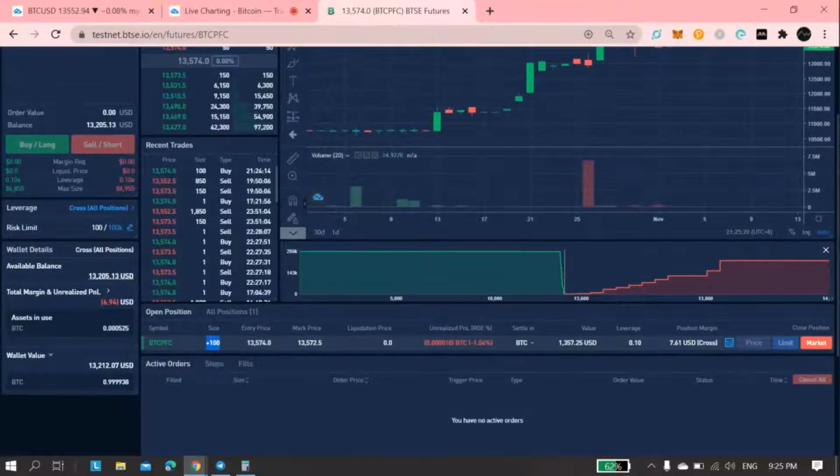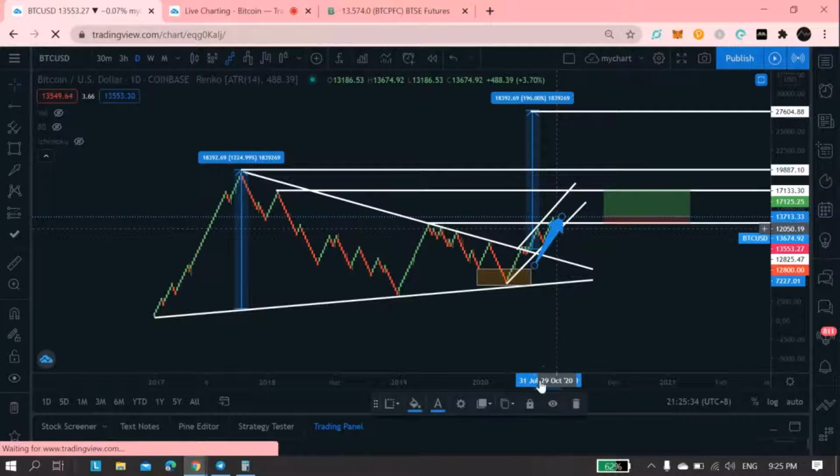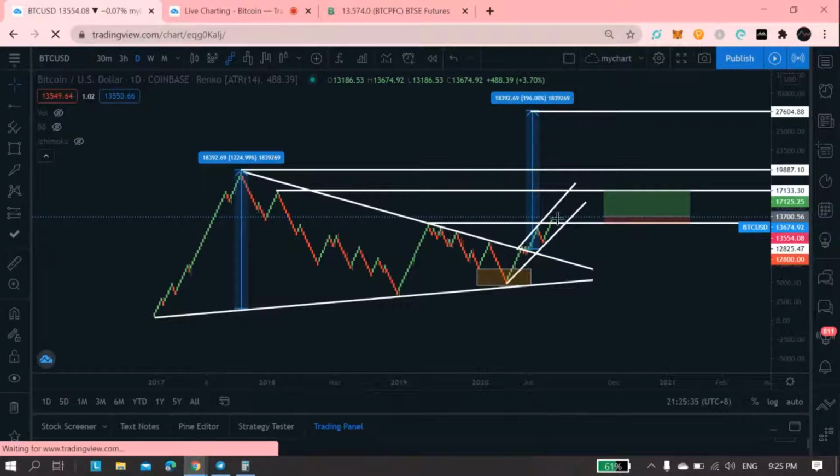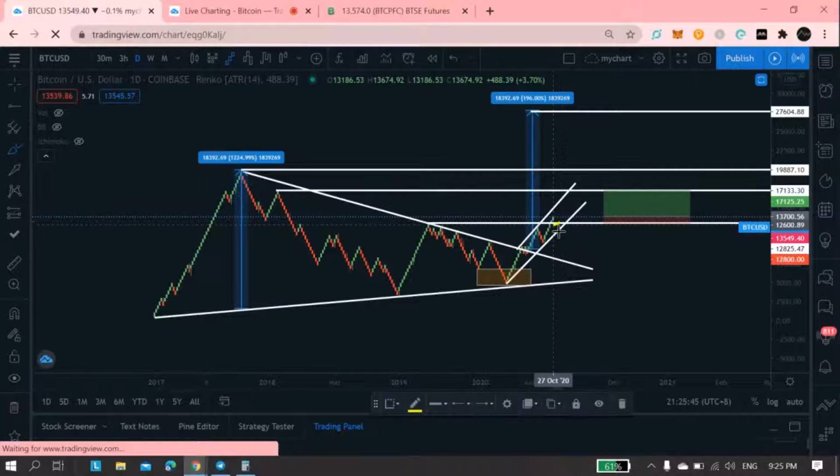If the BTC went down and retested this support area, this channel, for example it retests this 12,800, then I will add another 100.